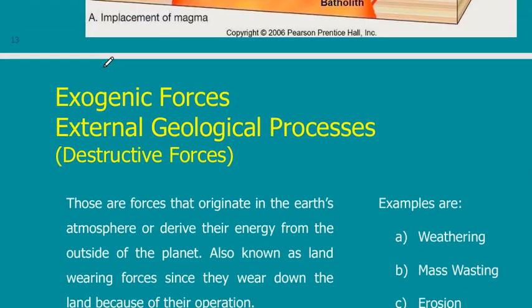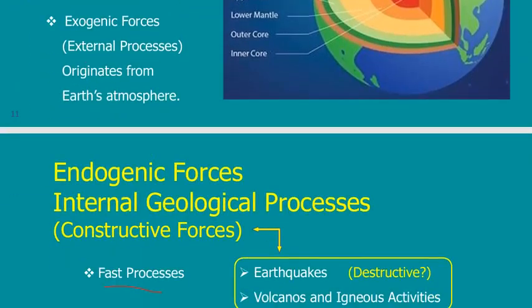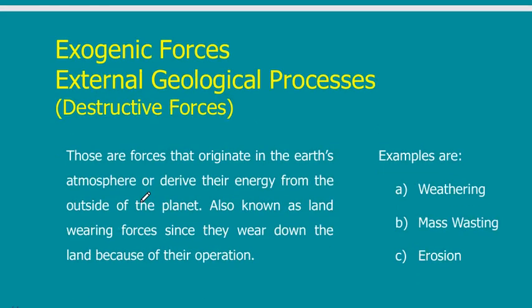Now we go to the exogenic. We said that this was the endogenic. What about the exogenic? The exogenic means something from the outside. What is this something from the outside? It is the weathering. You remember when we spoke about the earth, it was small like this, and we added layers on top of it till we reached the big shape of the earth.